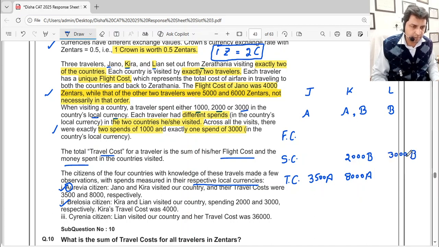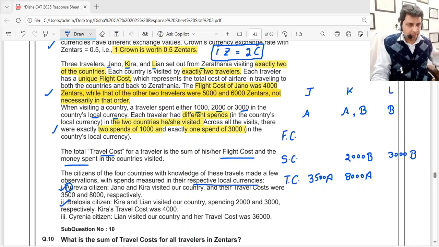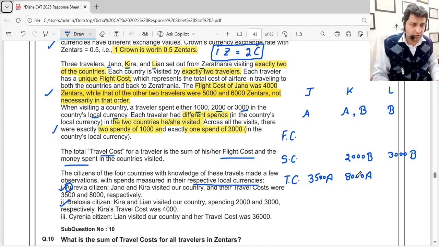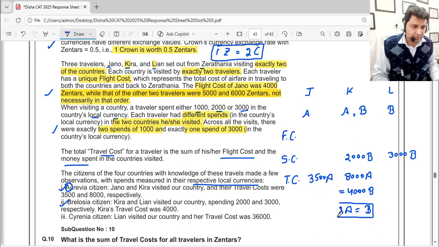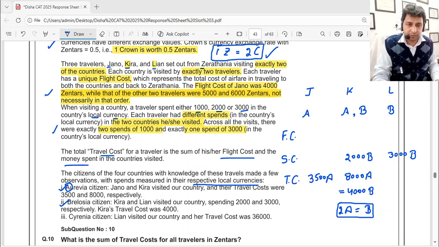And Kiro's travel cost was 4000, so this is equal to 4000 B. So another relationship which we can find out is that if we cancel it out, I get twice of A equal to 1B. So one piece of information we have here, one piece of information we had here. So there are relationships we are getting right now.